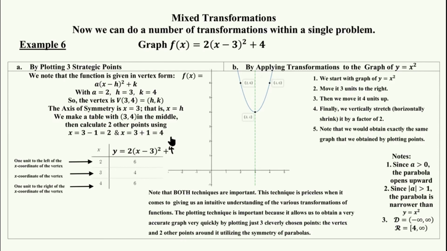And so that's just by plotting points, which is very efficient, very fast, and you can see that the axis of symmetry is always going to be x equals h. So in this case, it's just going to be this vertical line, x equals 3. The vertex is, of course, 3, 4. And the domain is obviously still all real numbers.